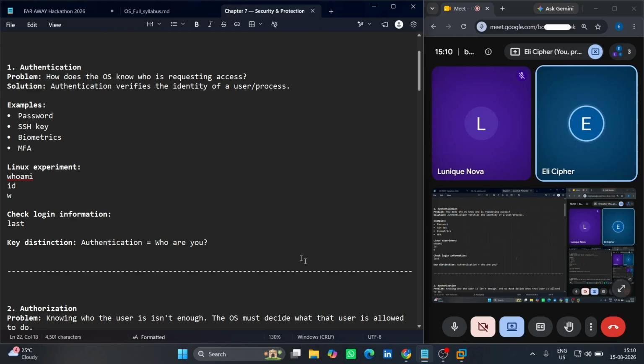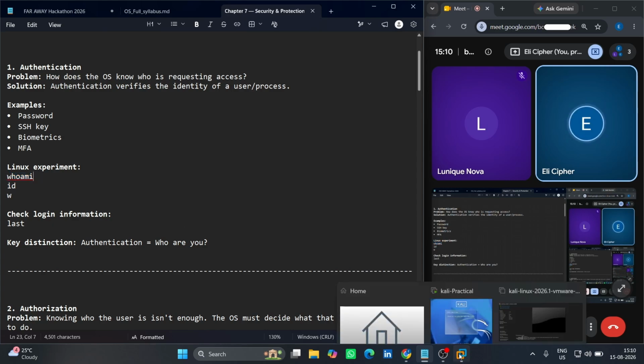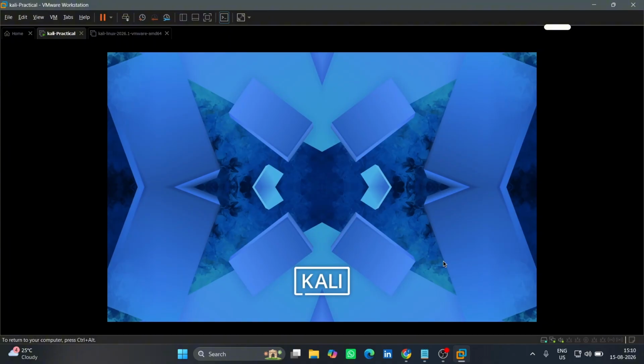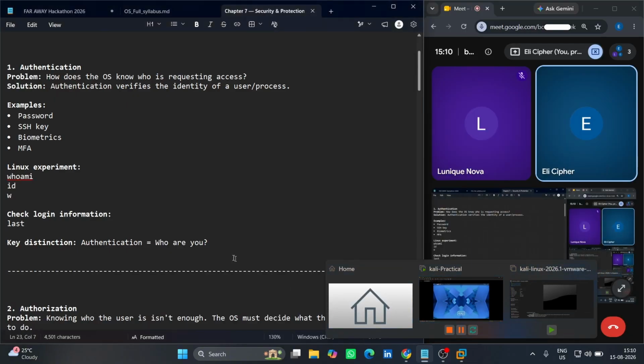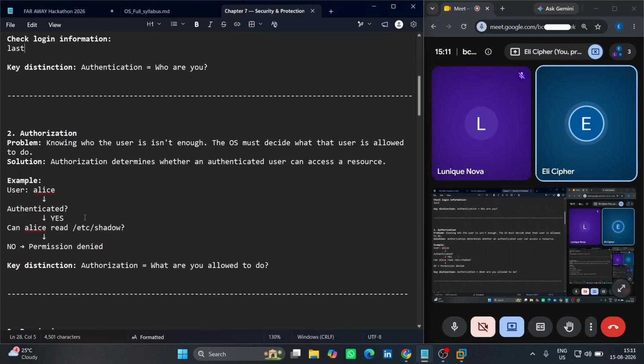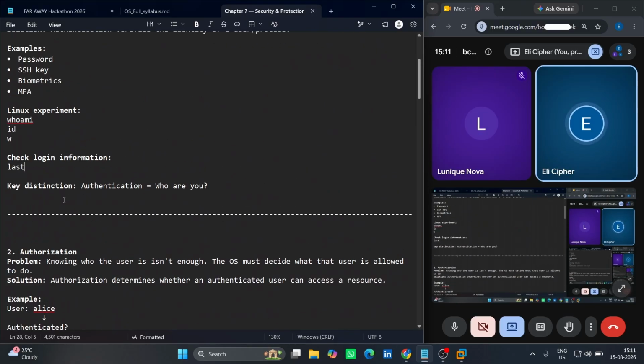So here is just a Linux experiment. whoami tells which user is currently logged in. Then id shows its ID. And if you want to check the login information, then you can run the command last. And here I have added this single line as well.